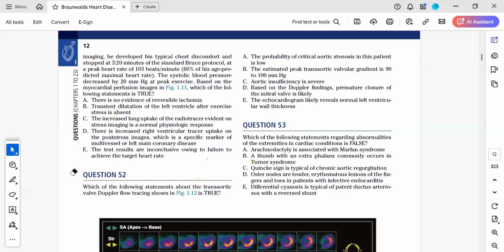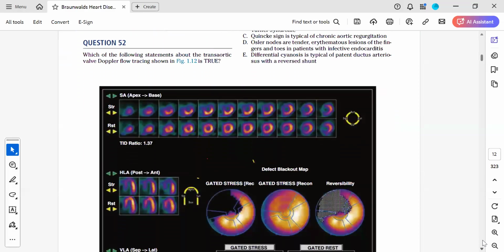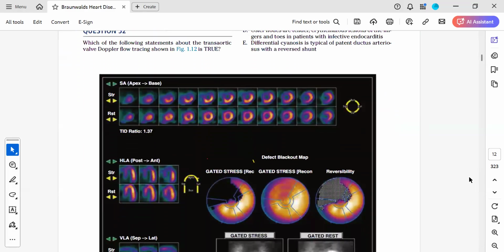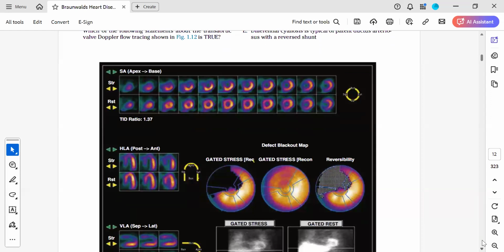Option B, transient dilation of the left ventricle after exercise stress is absent. Now, Dr. Eugene, can you scroll up a bit? Let me see the TID that was quoted there. Okay, so under the short axis, if you look at this value here, TID ratio 1.37.